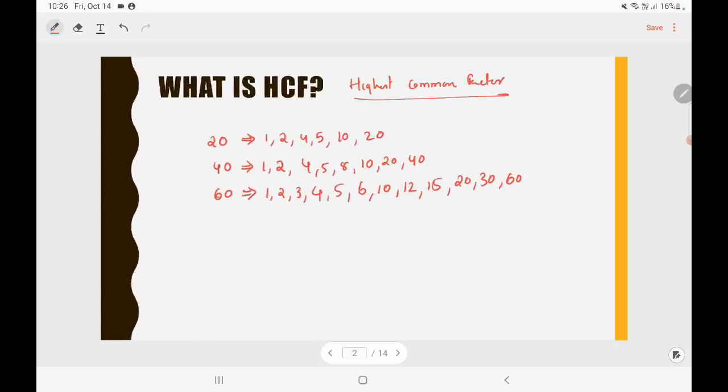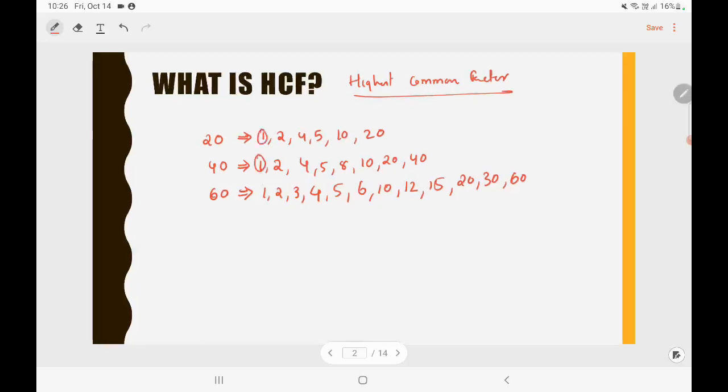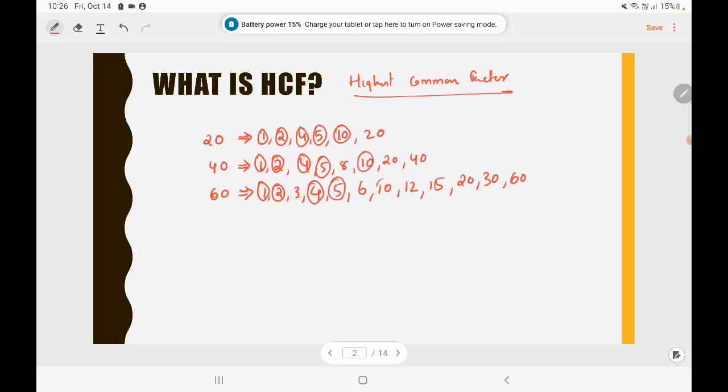So if we look into these factors of 20, 40 and 60, we can see various common factors, right? So 1 is a common factor in all these cases. 2 is a common factor in all these cases. Then we have 4 as a factor in all the cases. We have 5 as a factor in all the cases. Then we have 10 as a factor in all the cases. Then we have 20 as a factor in all the cases as well.